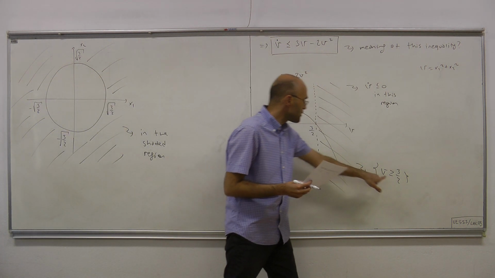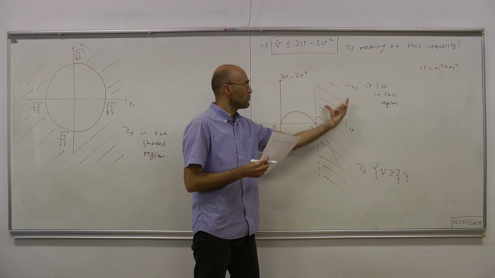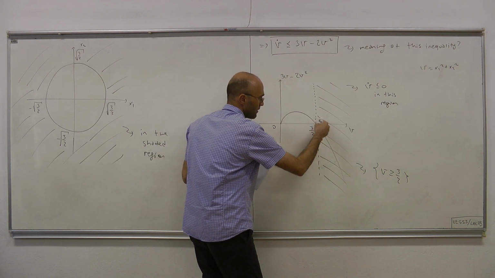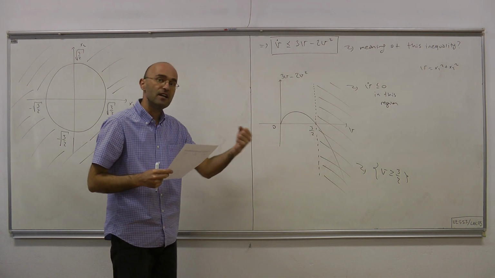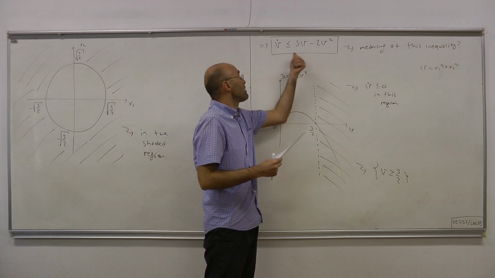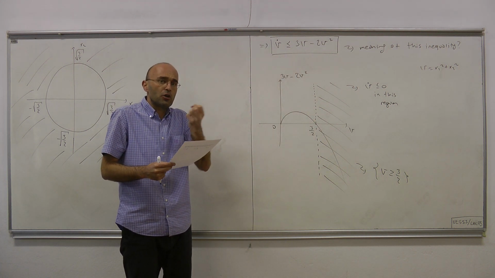And when v is larger than or equal to 3 over 2, we are in this region, and when we are in this region, v dot, as this tail indicates, v dot is negative. Okay? V dot negative means v is decreasing.